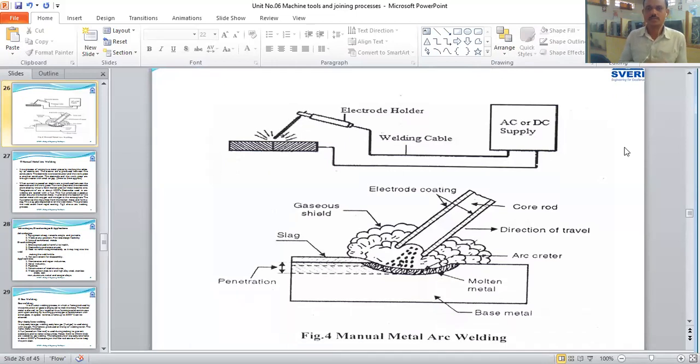From this chapter, 3 points remaining: resistance welding, soldering, and brazing. These are also small points. I will take attendance.